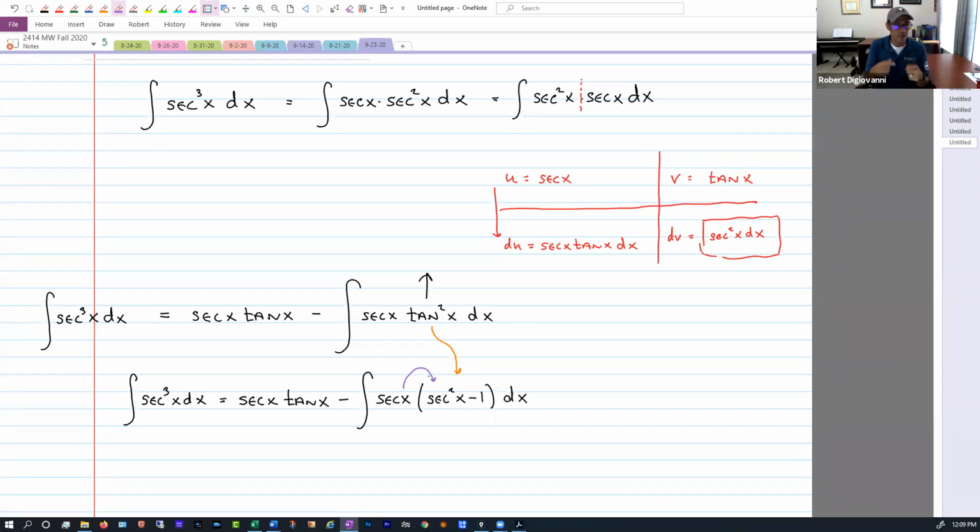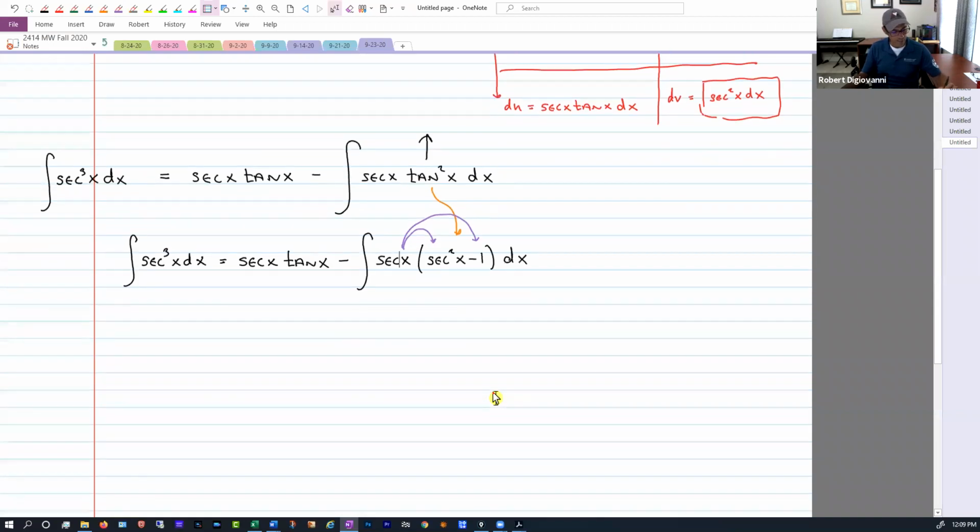We've done something like this before, haven't we? There have been some problems where the thing we're looking for appears on the right and then we can move it over. So we have to distribute both though. So I'm going to go ahead and do that. I'm also going to do one more thing here.